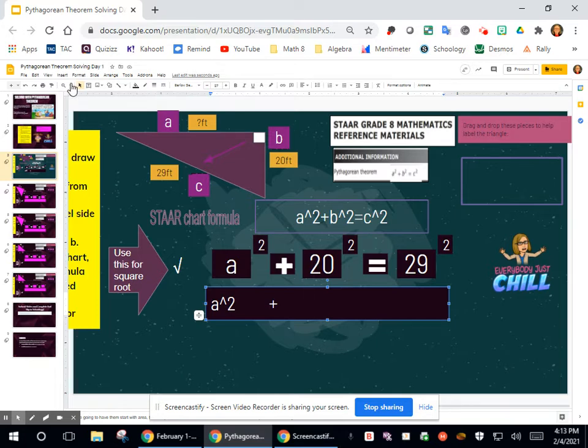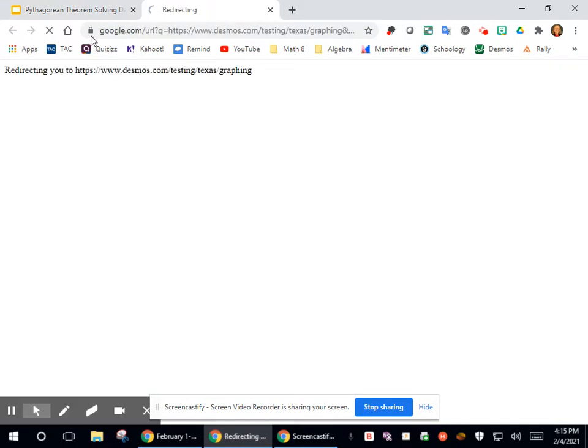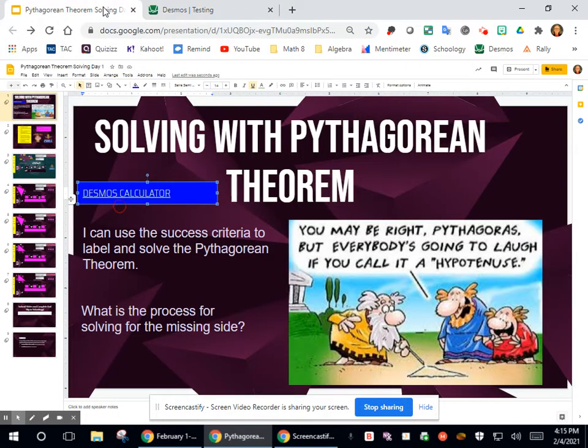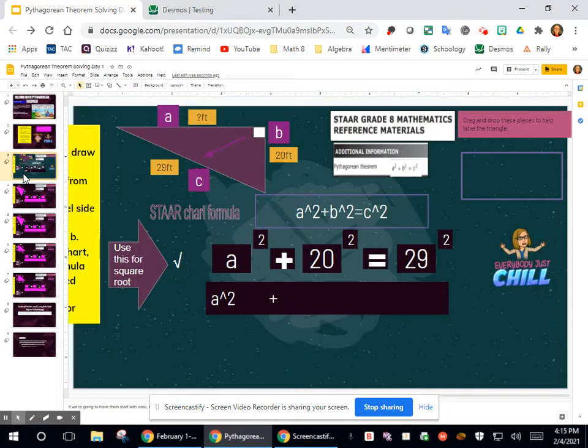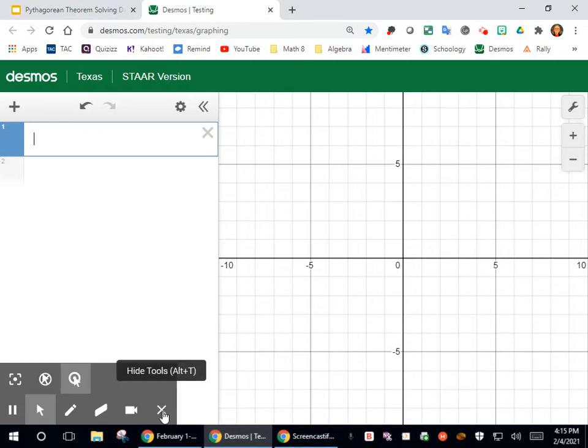I'm going to use my lovely calculator up on slide 1. Click my Desmos calculator, get it open. I got to go back to slide 3 to make sure I know what's going on. 20 squared. I could type in 20 times 20. That might be the easiest way to do it actually. But I can show you how to just type in 20 squared if you like that better.